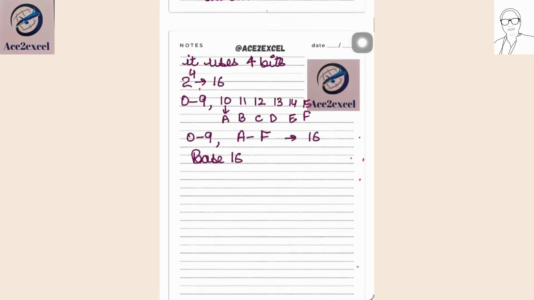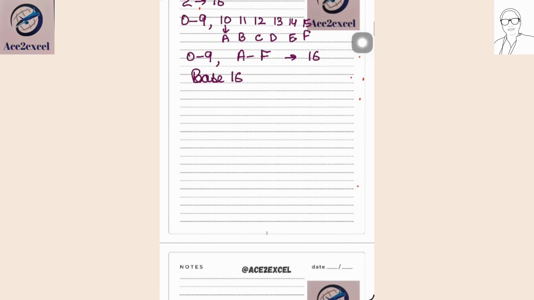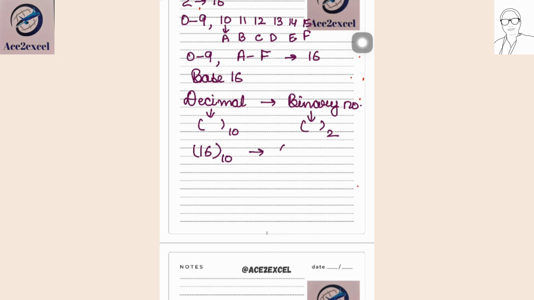We'll first start with the basic, that is conversion of a decimal number to a binary number. Decimal number system is base 10, binary number system is base 2. Let us take a simple example: we want to represent decimal 16 in its binary equivalent.